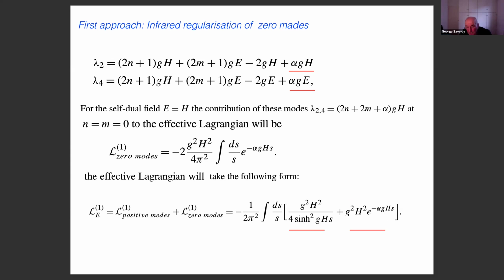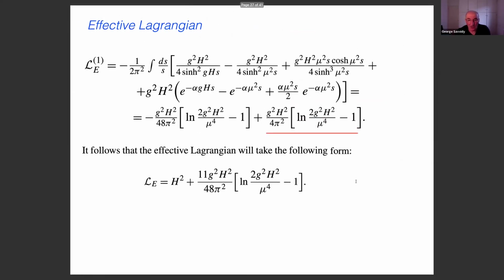You see, there is alpha here. And you can say, okay, but your result will depend on alpha, right? So what is amazing is that, again, you use this renormalization procedure. This term we already discussed, that this was the positive modes.